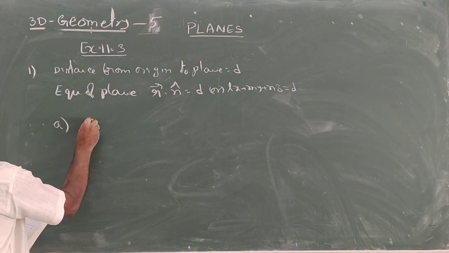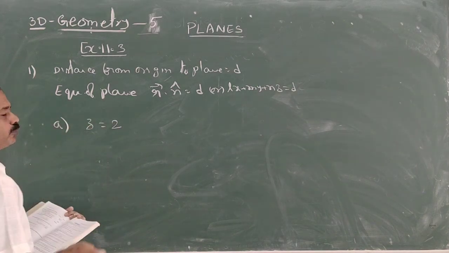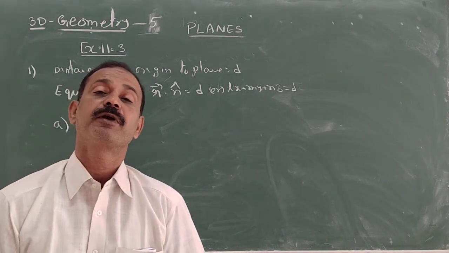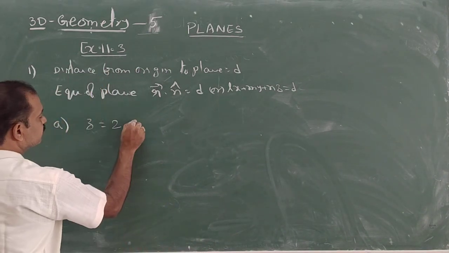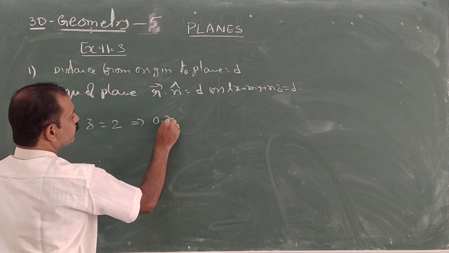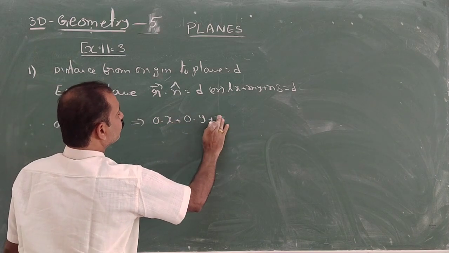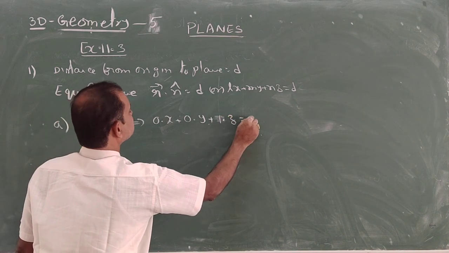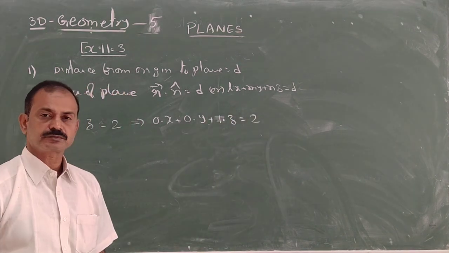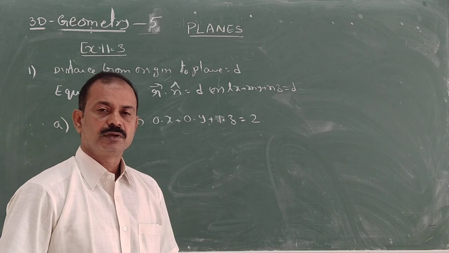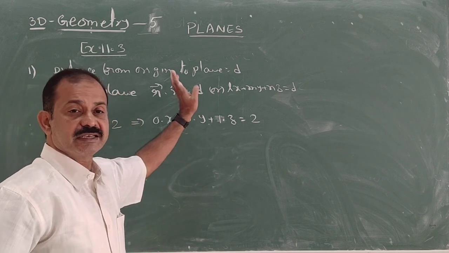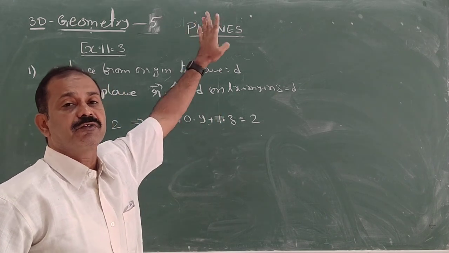First one, z is equal to 2. Write in proper form, which implies 0 into x plus 0 into y plus 1 into z is equal to 2. Now, this is the general equation of a plane.